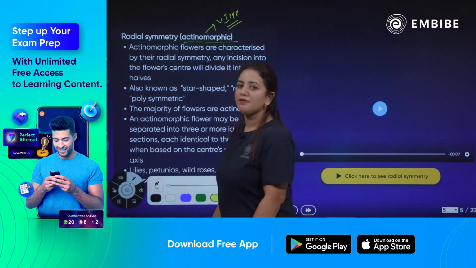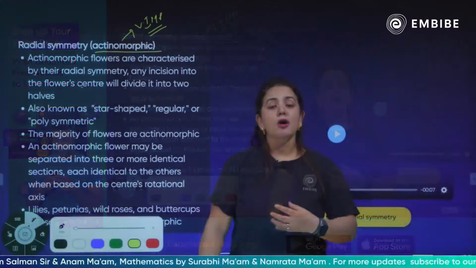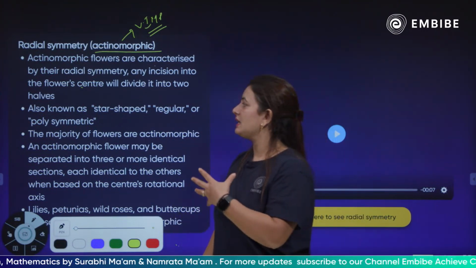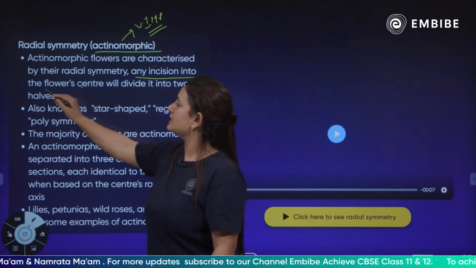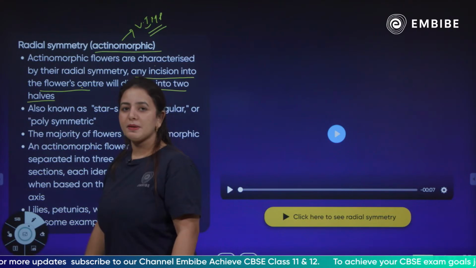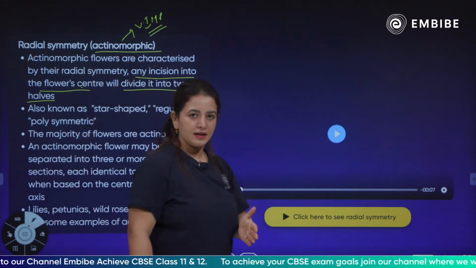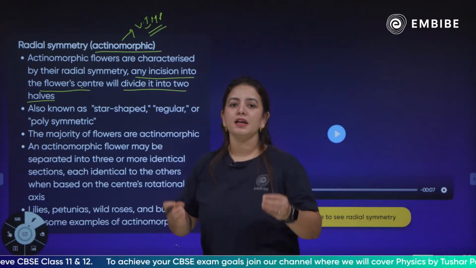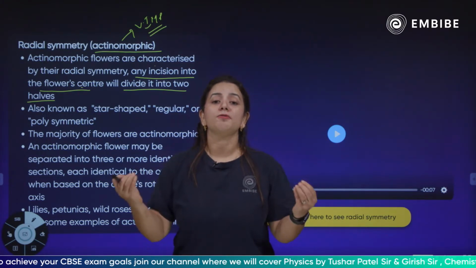It means if a flower possesses radial symmetry and you make an incision through the flower center, it will divide into 2 halves. It means from any radial plane, if I cut the flower, it has to divide into 2 equal parts.